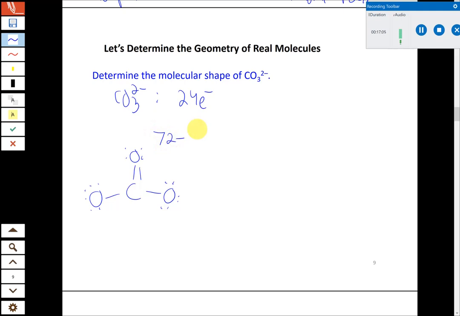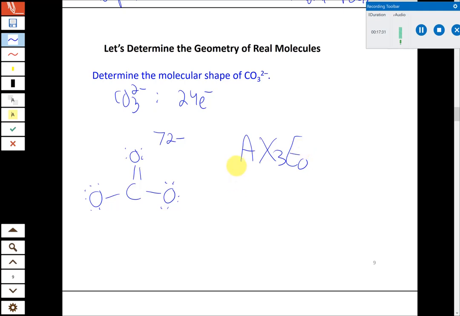And then if we want to predict the shape of CO3 2-, remember we're going to classify this in AXE notation, which is from the standpoint of the central atom. We can get from the formula CO3 2- that there's three things bonded to the central atom, and then there's no lone pairs on the central atom. There's a lot of lone pairs on oxygen, but what we care about for the shapes of molecules is the central atom. So it's going to be AX3E0 or just AX3.